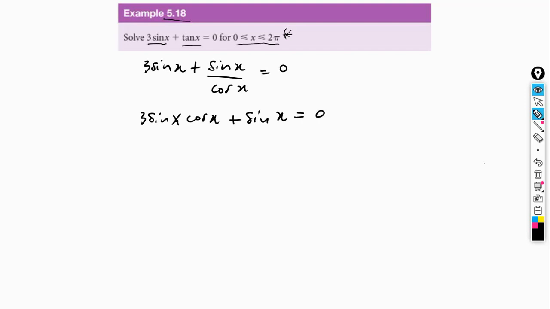And then we don't really need to do a substitution. We can just factor out sine of x. And notice that we can write this as sine of x times (3 cosine of x plus 1) is equal to 0.